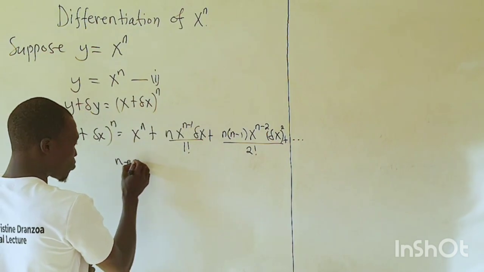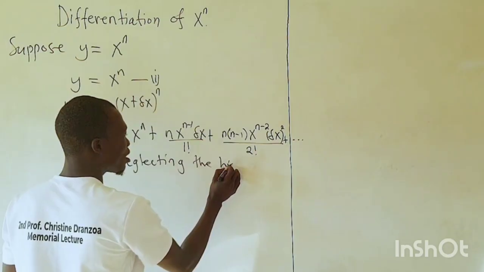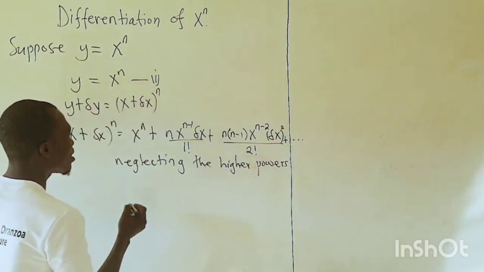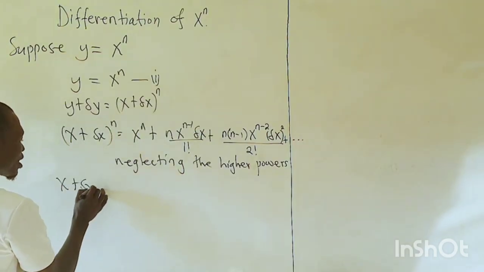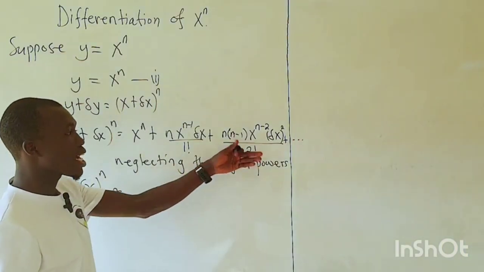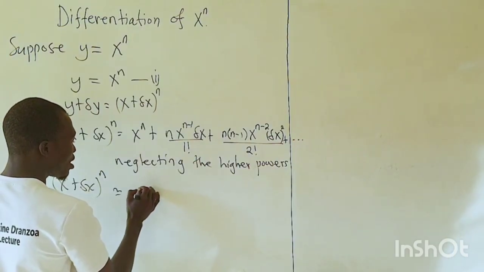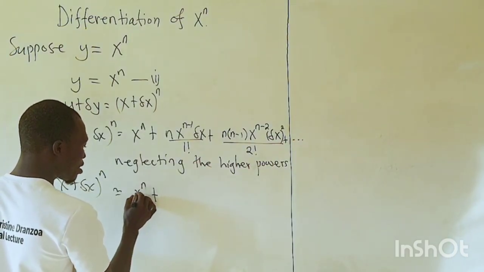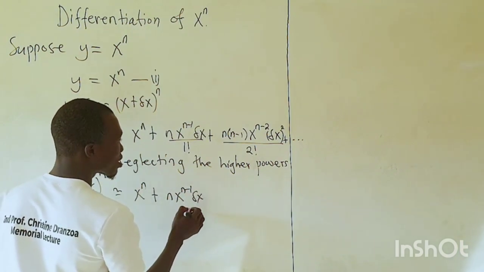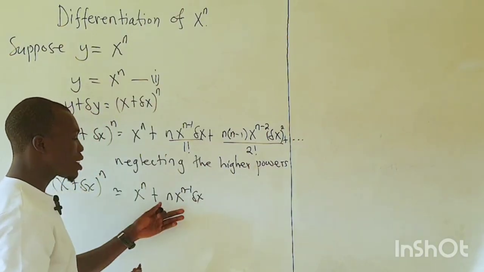If we neglect the higher powers, we shall have this expansion of x plus delta x raised to power n being approximately equal to x power n plus n x^(n-1) delta x. 1 factorial is just 1, so if you divide by 1, it will not change this expression.